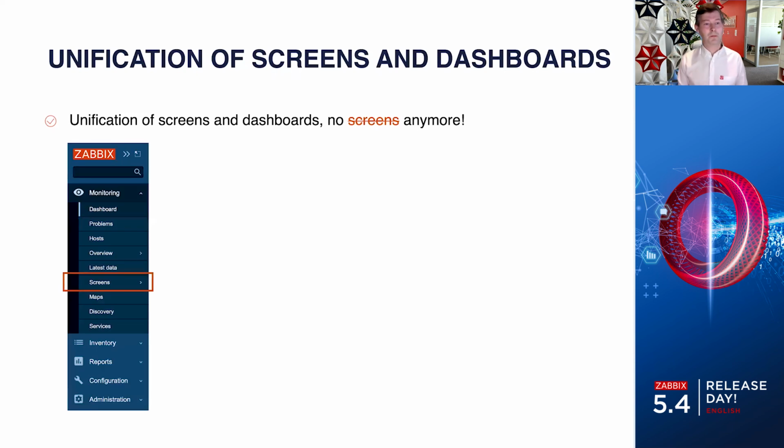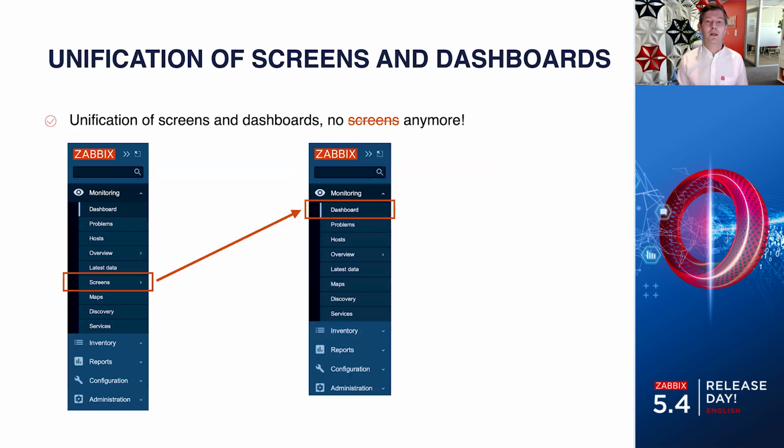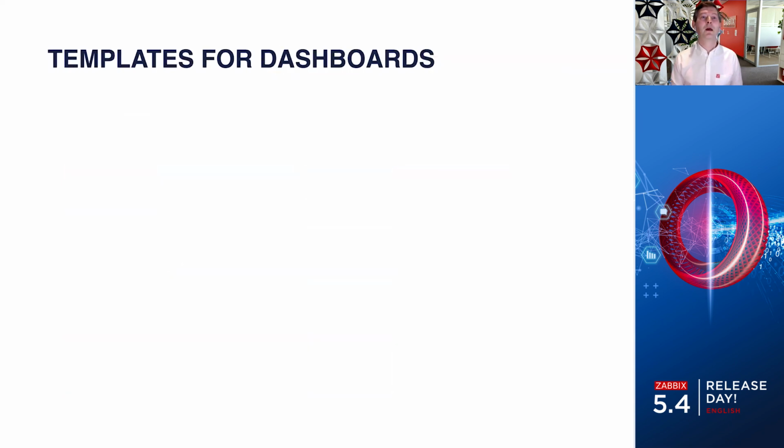Okay, so remember, in 5.2 and 5.0, we had the dashboard, we had the screens menu item, and now it's all moved to a single menu item, a dashboard. So this is where all dashboards, the global dashboards, are available. And this change affected not only the global screens, but also the local screens, which we always had on a template level.